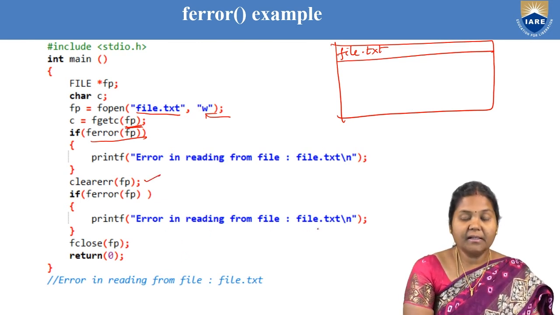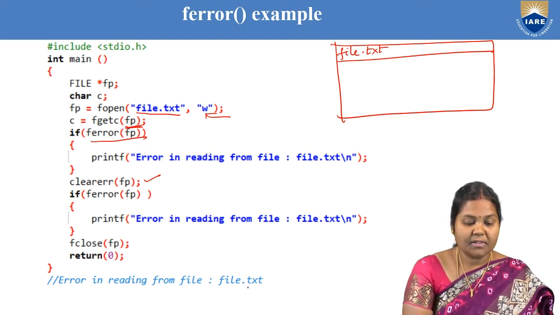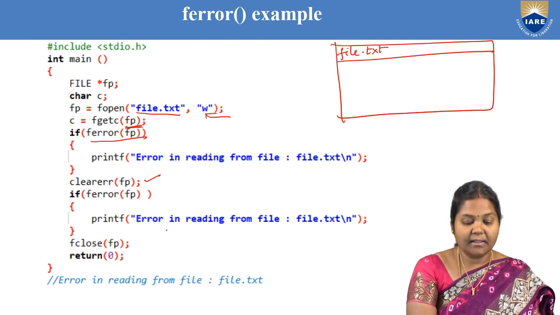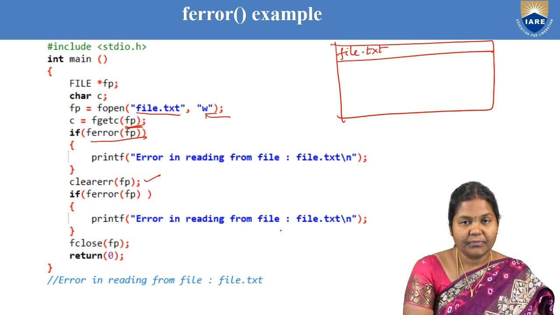If there is any error in reading the file, it should display it, and then we stop our program. So, if the file contains nothing, then obviously it will display the error in reading from the file. But if the file contains some characters, it will read that character and display it. So, this is about the ferror function.